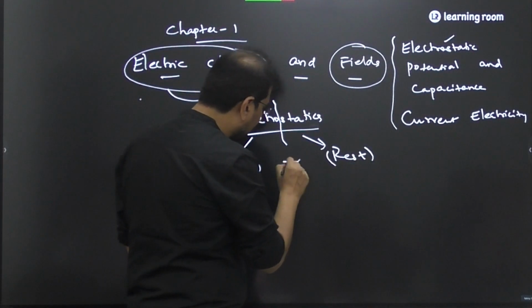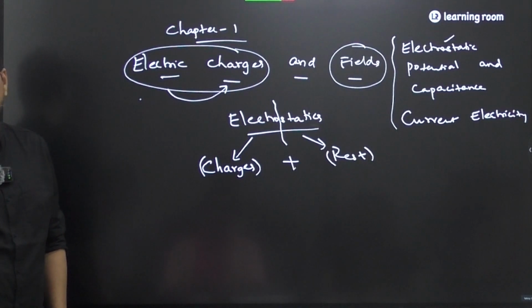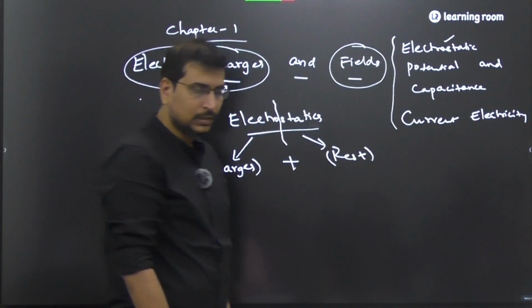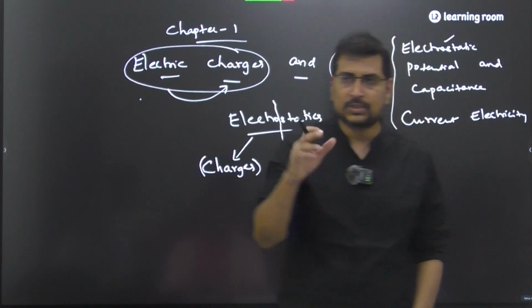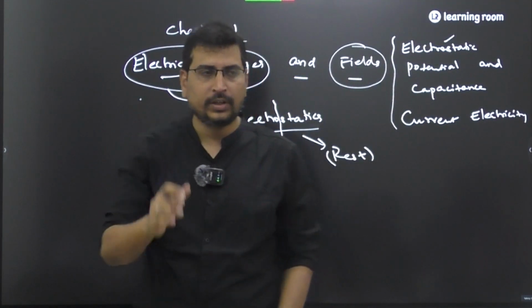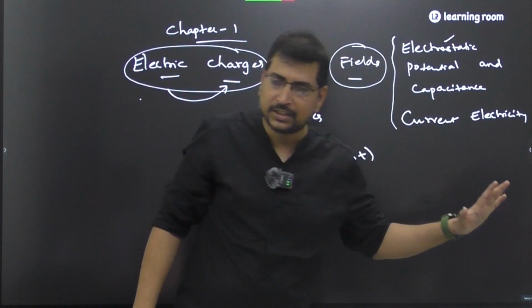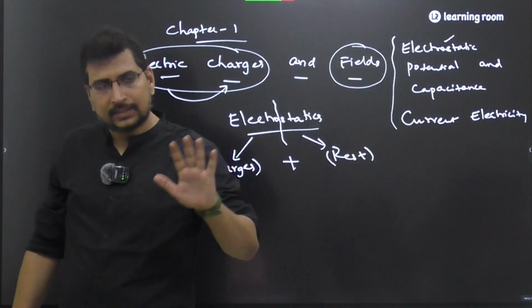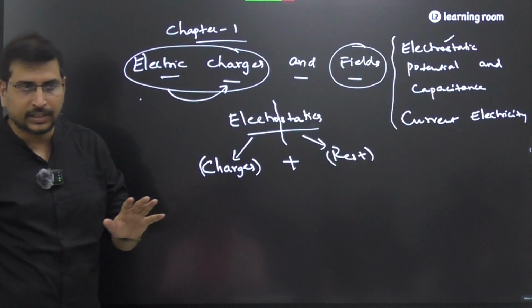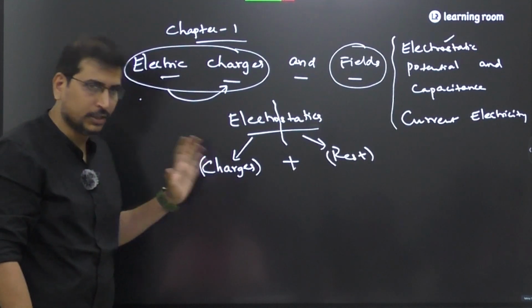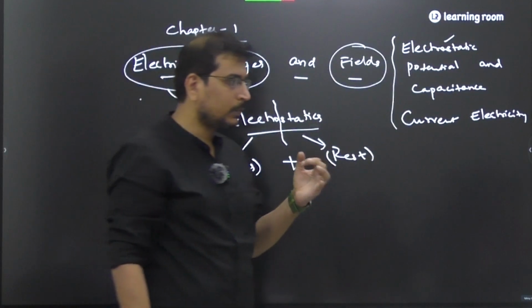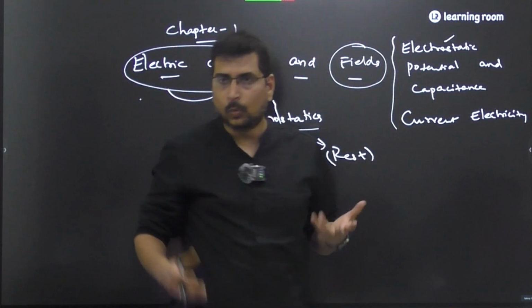So if I am able to combine these two terms, what can I call it as? So if you are able to deal with a branch which is completely concerned only about the electric charges which are at rest, you can call that kind of a branch as electrostatics. But for you to discuss electrostatics, what is important? You need a charge. So the first thing that we need to understand is what is charge.